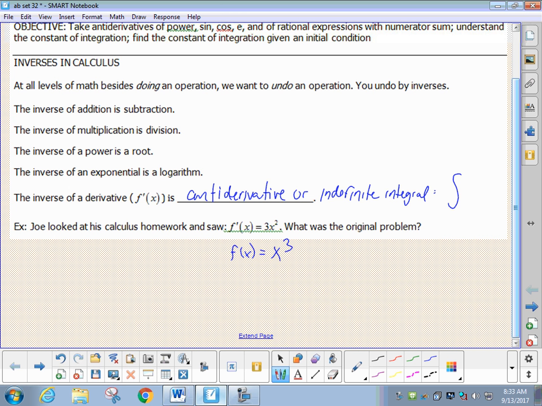The first point then is you can always check an antiderivative by saying, what's the derivative of my answer? And wouldn't you agree that if I took the derivative of x cubed, that would work? It would have a derivative of 3x squared. Sweet. Okay.